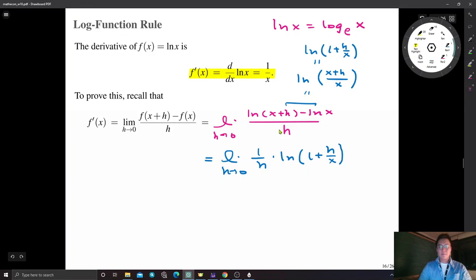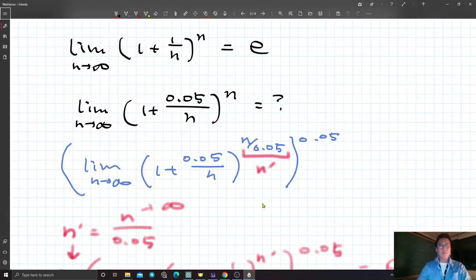And then here I'm going to use a trick, the same trick as what I used when I derived the present value of some principal k, t years from now. So remember, when I computed the future value of some principal, I evaluated this limit, and when I evaluated it, I used a trick: divide and multiply by the same number.